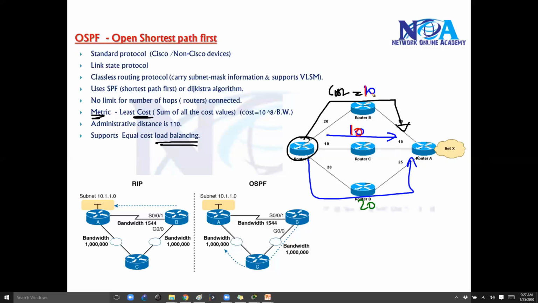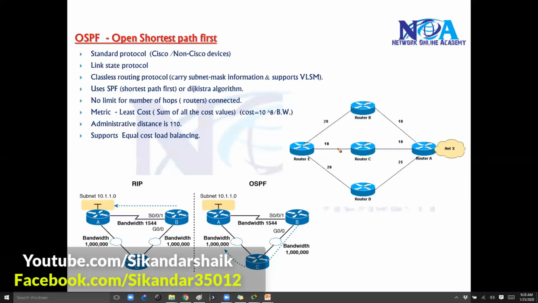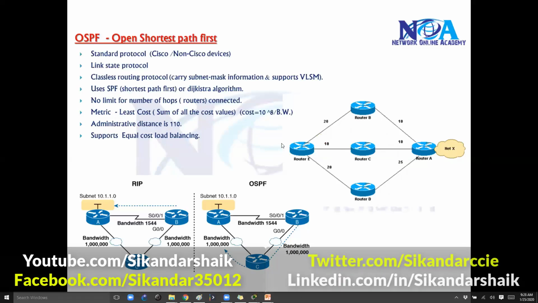If both of the first two are least and both are best, it will send the traffic over both sides, and that is what is called load balancing. If there are 2 routes with the same metric or cost, it will install both routes and forward the traffic on both. We call it load balancing. We'll discuss load balancing more later with a dedicated lab, and we'll also verify that.